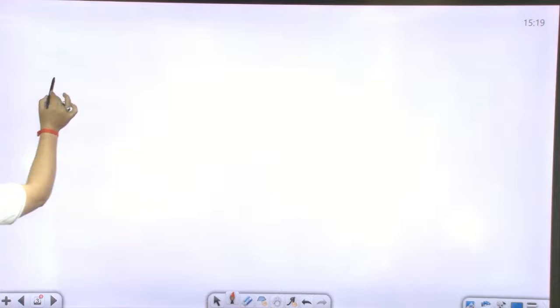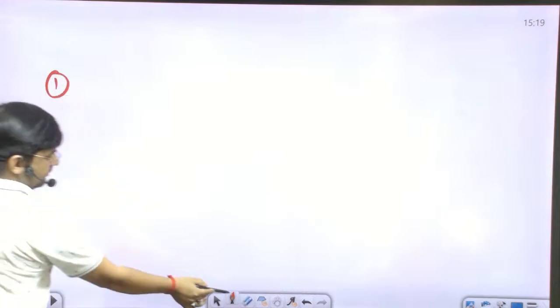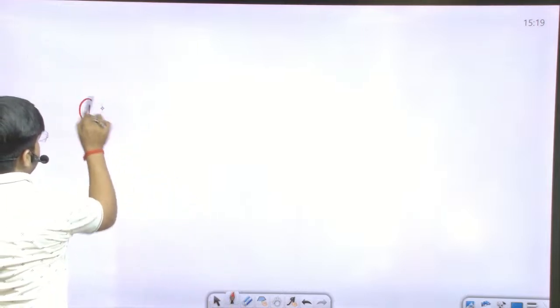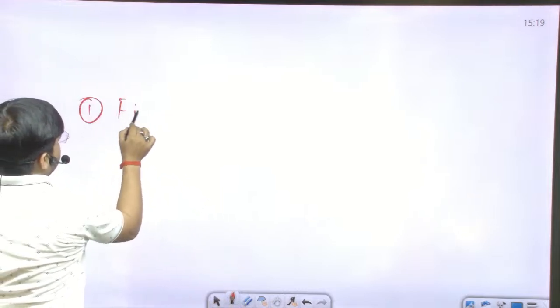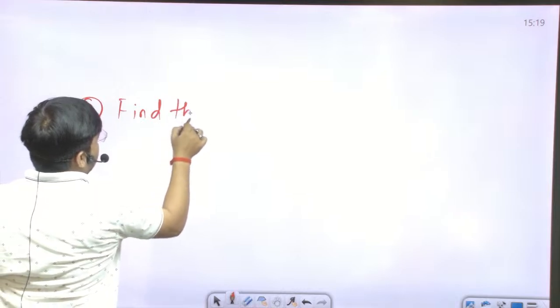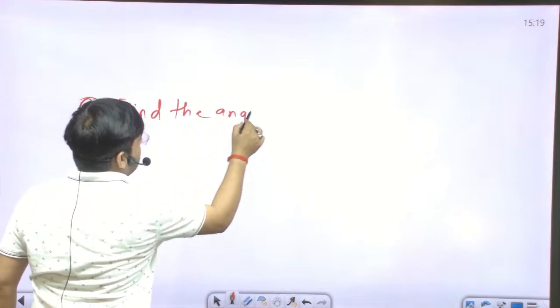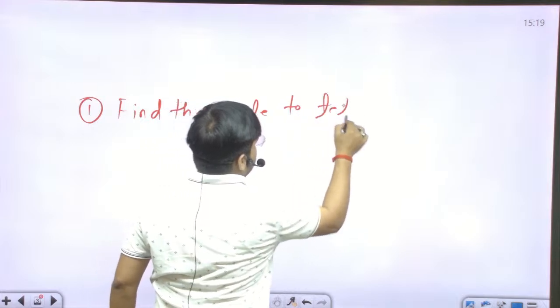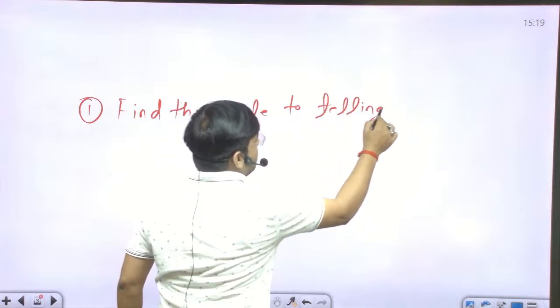First one is find the angle, given the time.